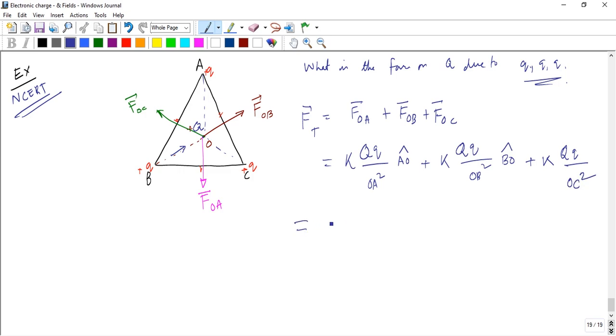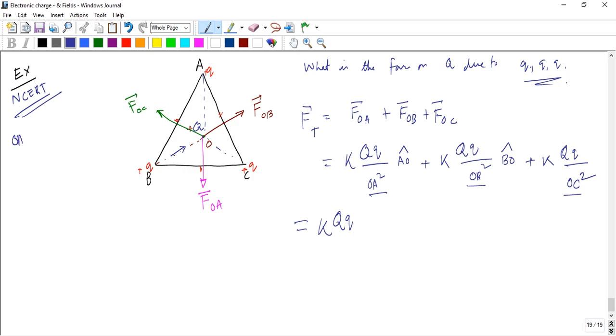Now we can finally take common K times capital Q times small q by OA square, since OA square, OB square and OC square are the same. Actually, because it is an equilateral triangle, all sides are equal. That's why OA equals OB equals OC.